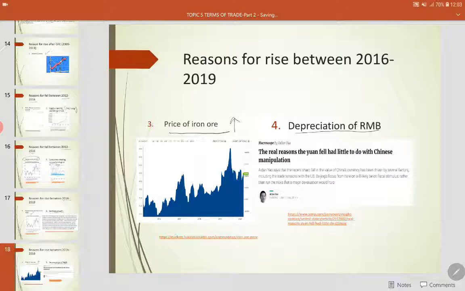When there's depreciation of the Chinese currency, our import price index will fall, so that could contribute to TOT improving. So when you discuss the trend, these are the reasons. These are examples you can use to strengthen your points on the reasons.